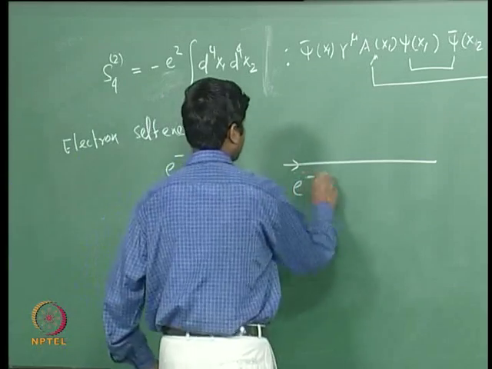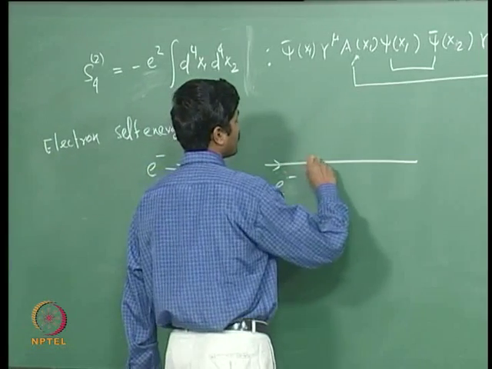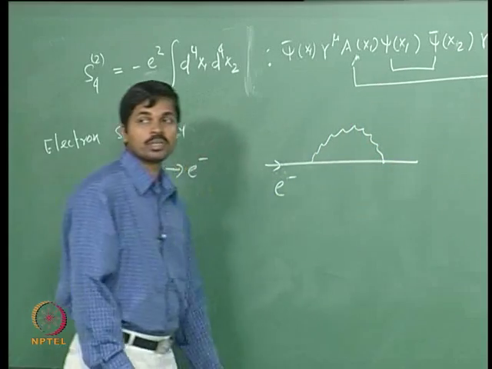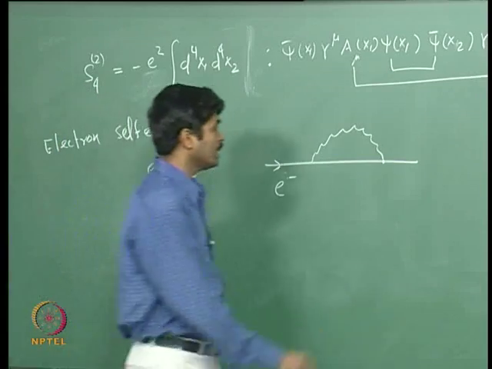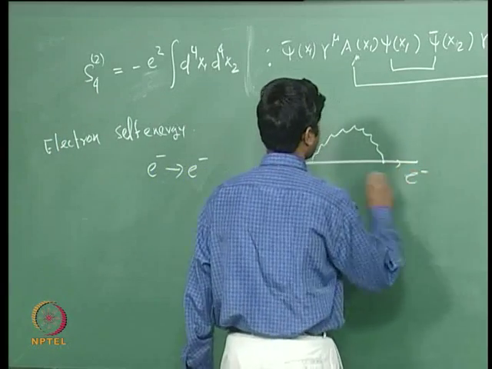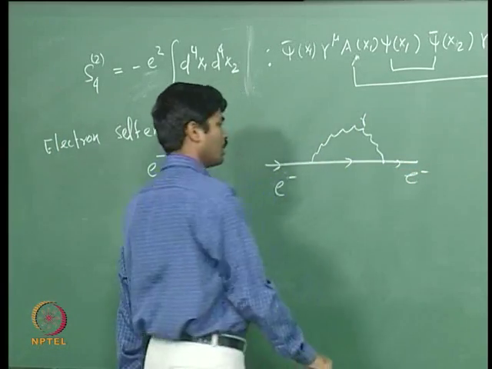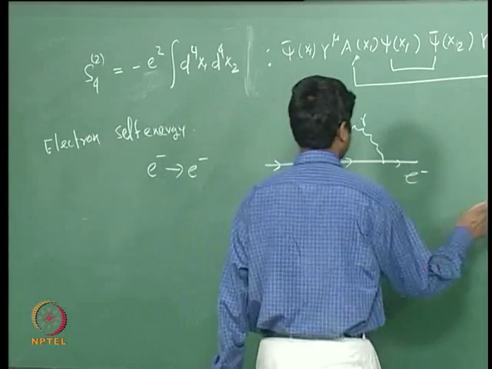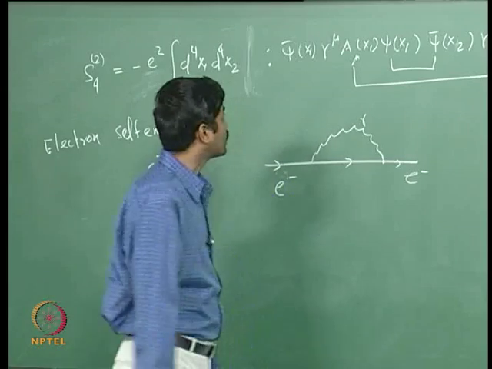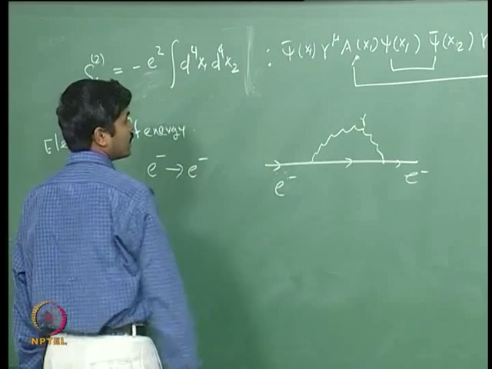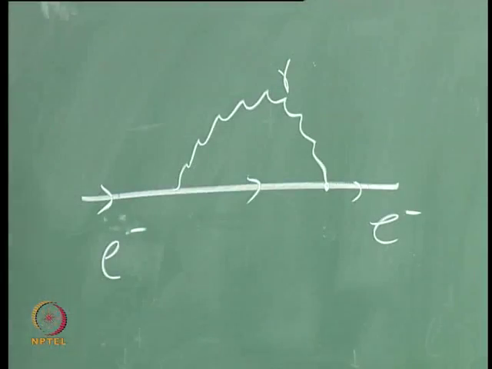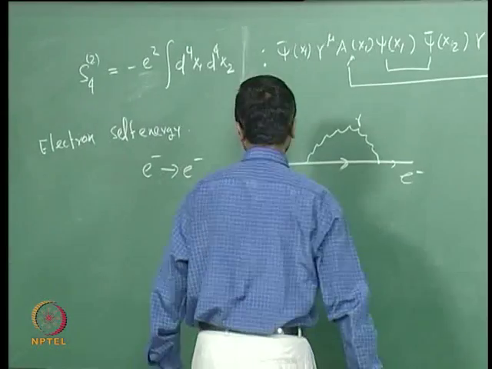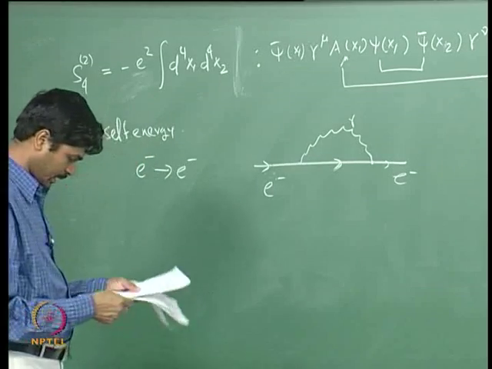An incoming electron can emit a virtual photon which it can subsequently absorb and then result in an outgoing electron. The same thing might happen for a positron. So this is the physical process that is described by this term in the S matrix.